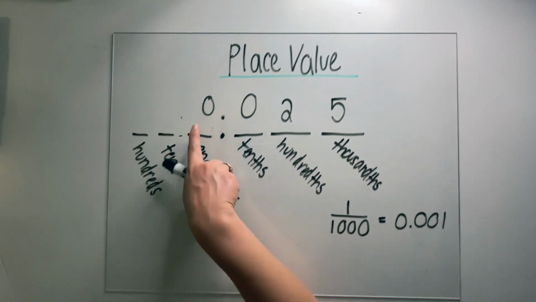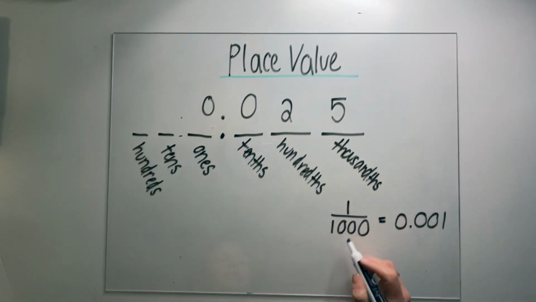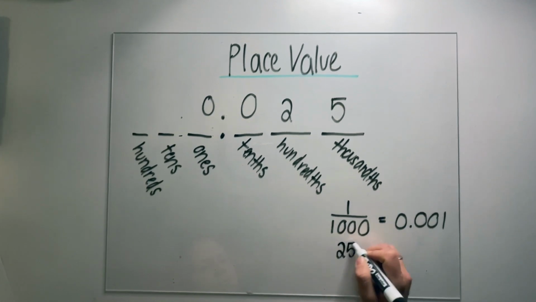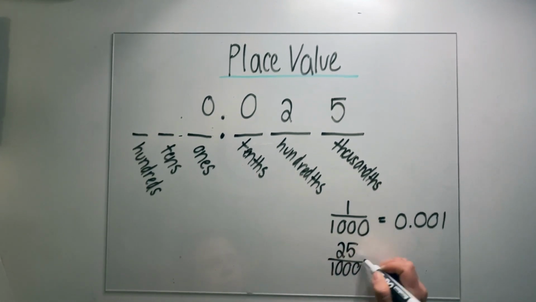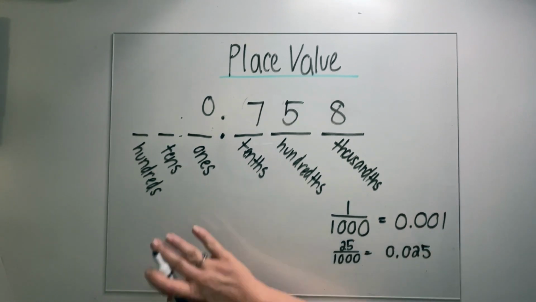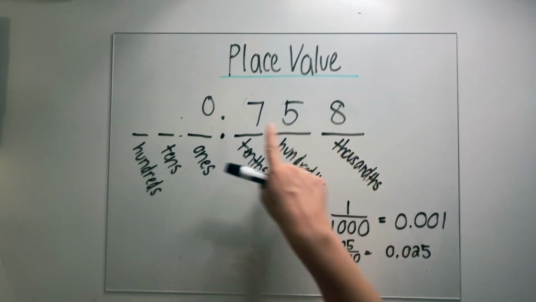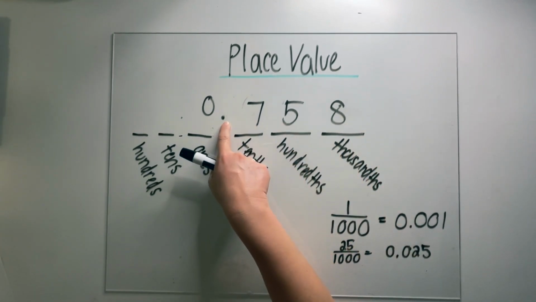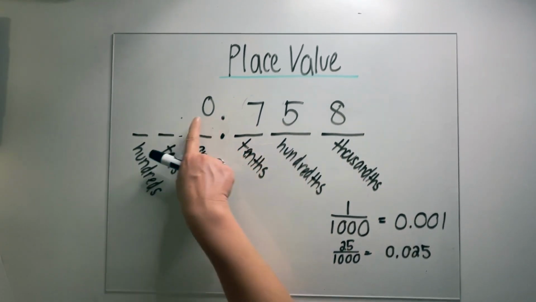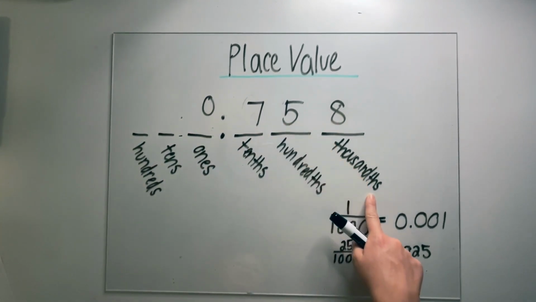This would be read as 0 and 25 thousandths. If there were all 3 digits filled after the decimal, we would read this mathematically speaking as 0 and 758 thousandths.